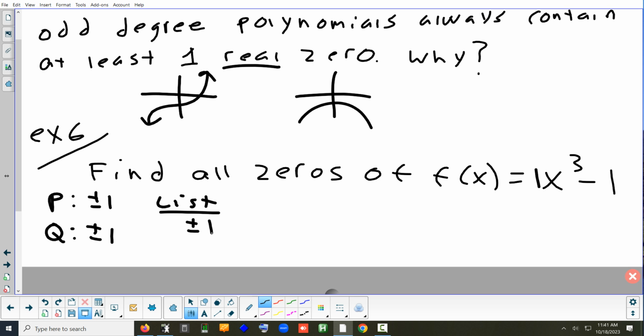Now, normally, I would type this in on the calculator and see where it looks like it crosses. But the list of numbers is so small, and the formula is simple enough that I think I can plug these numbers in for x quicker than I can graph it. If you plug in 1, what's 1 cubed? 1. Minus 1? 0. There you go.